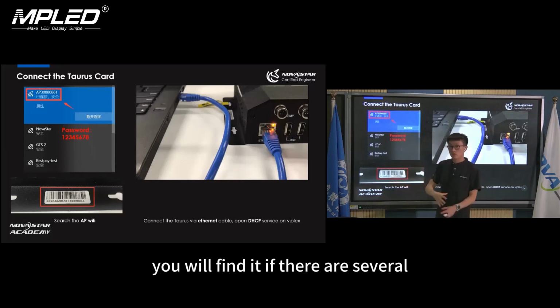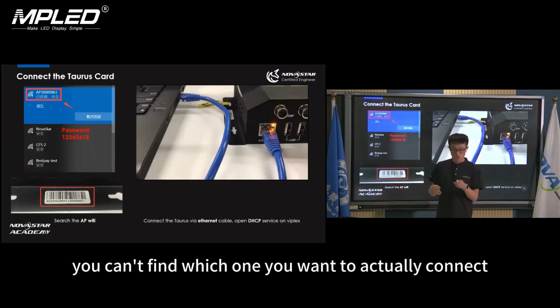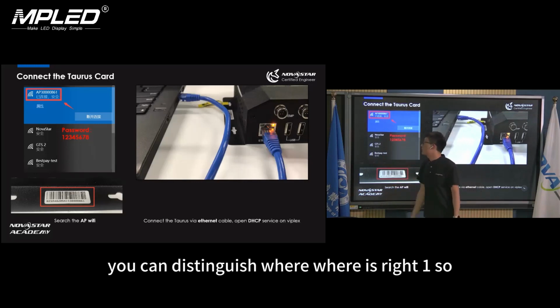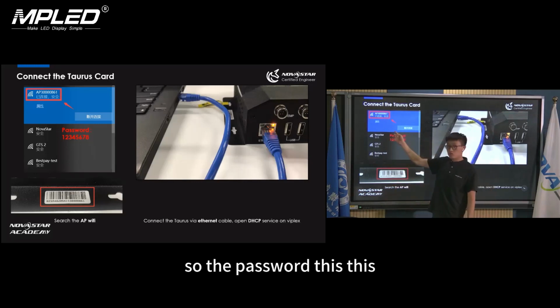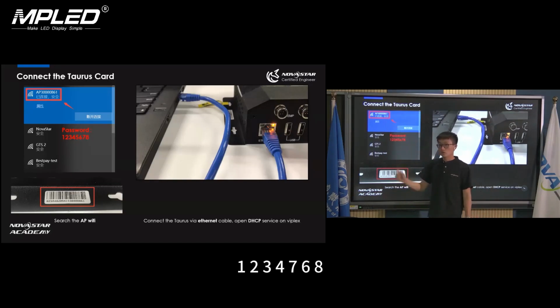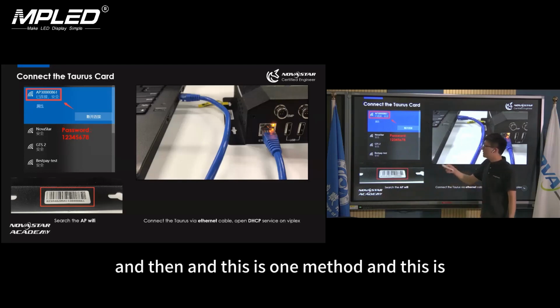If several Taurus boxes are powered on and you can't tell which one you actually want to connect, this way you can distinguish the right one. The device password is 12345678. And this is one method.